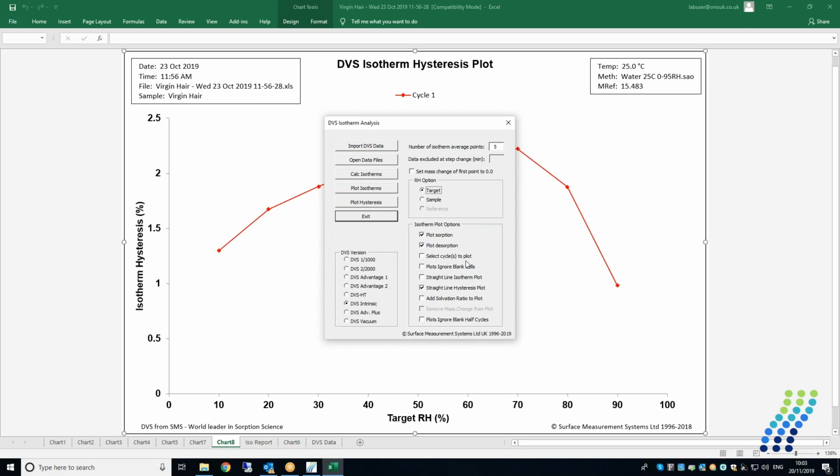So if the DVS has carried out multiple cycles, then it's possible to select which cycles to plot. Also, if in the experimental data some data points are missing, the software can ignore these blank cells. And similarly, if we have blank cycles, we can also ignore these cycles.